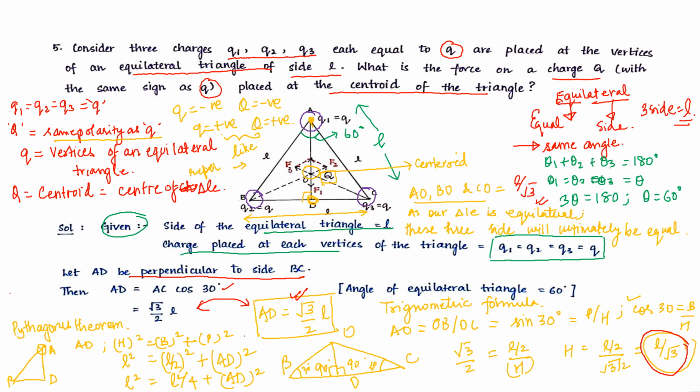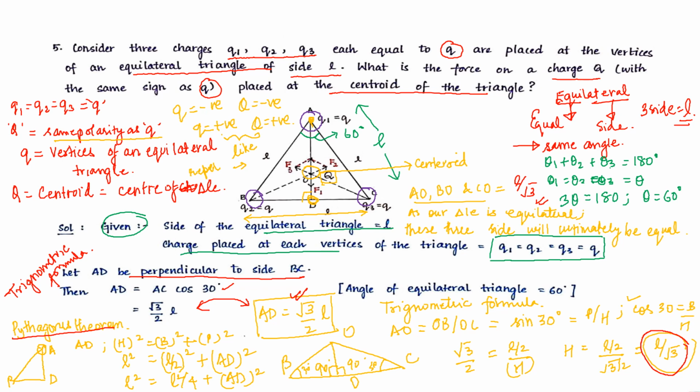Here we have used the trigonometric formula, and what I did before is the Pythagoras theorem. So using both, we have learned how to find the length of our altitude. These both formulas are very important. Know how we can use Pythagoras theorem as well as the trigonometric formula.